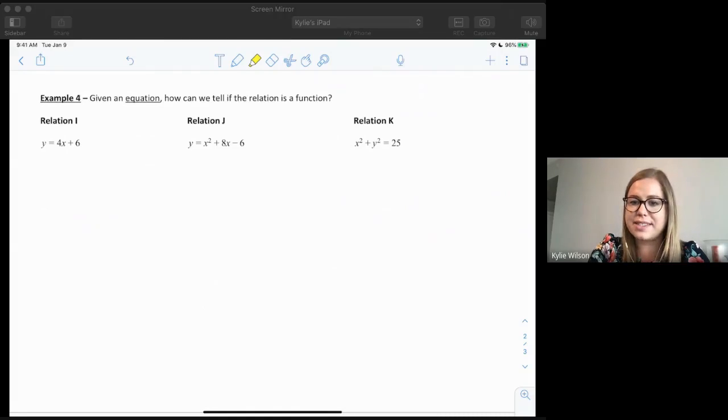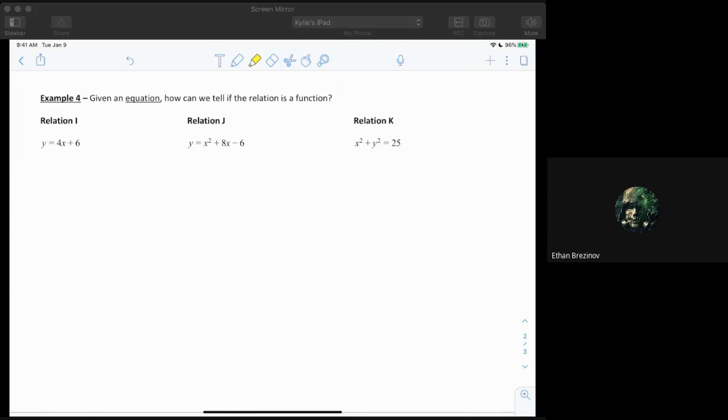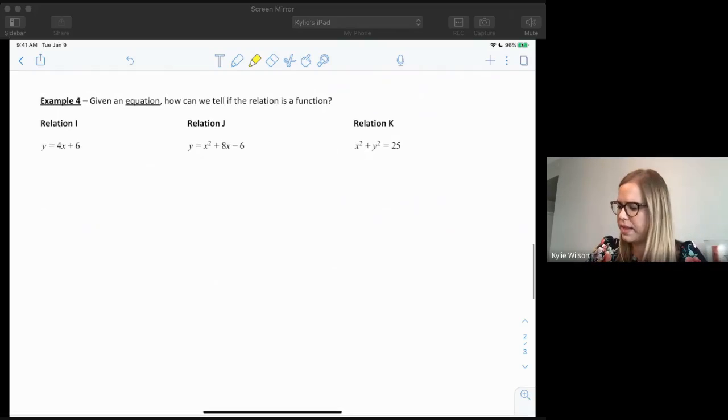Oh, yes, Ethan, you can turn your mic off and ask, or type in the chat if you want to. Is it possible for a function to have repeating... No. Is it possible for a relation to have no repeating dependent variables? What do you mean by that?